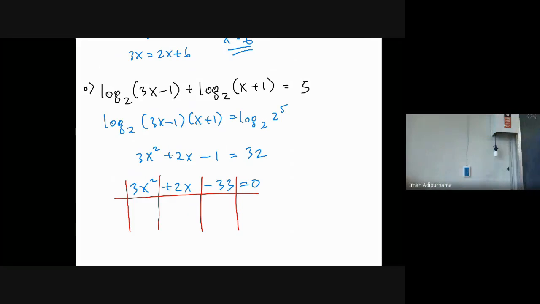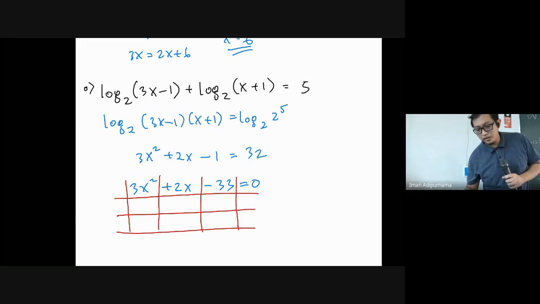Okay. So basically, make a table like this. Put any number here that when you multiply, it will be 3x squared. And put any number here that when you multiply, it's negative 33.